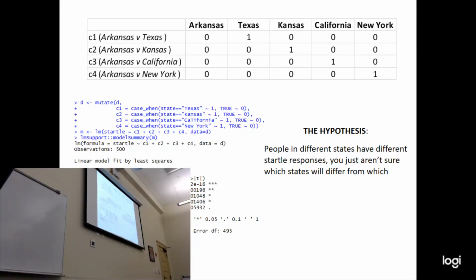Let's imagine that you hadn't seen any of the data at all. You hadn't seen any means or any graphs. How else might you have approached this question?